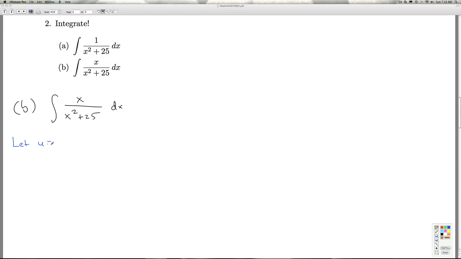So I can let u be x squared plus 25. du is 2x dx, which I more or less have upstairs. So I'll do the usual maneuver. I'll put a half out front, integral 1 over x squared plus 25, and have a 2x dx.